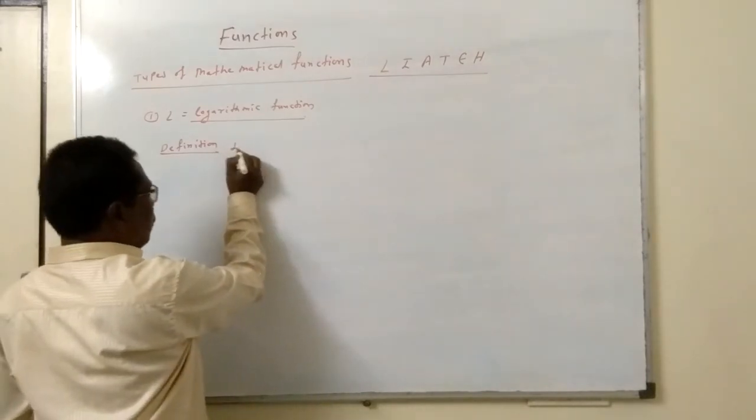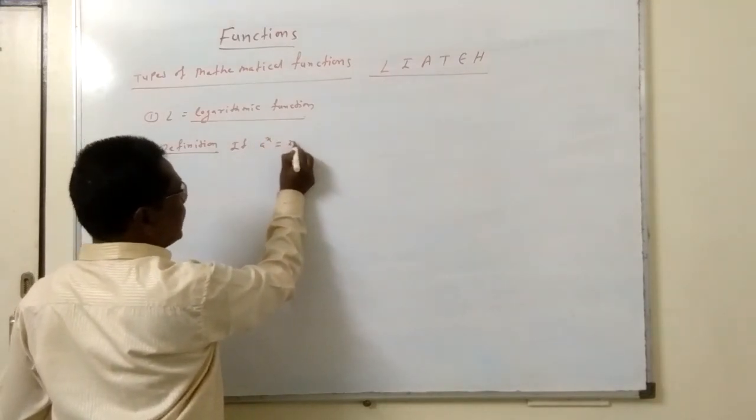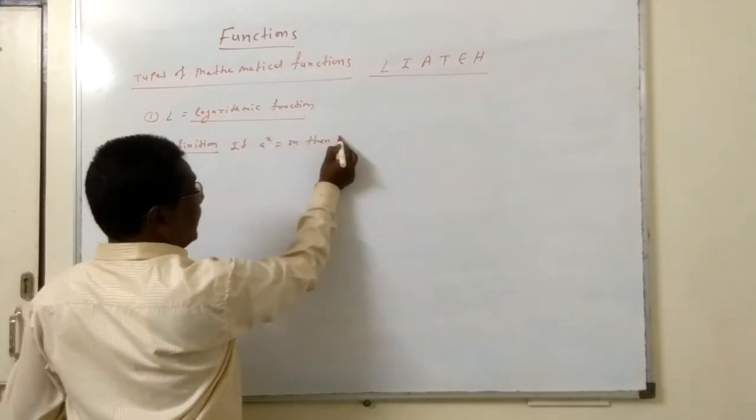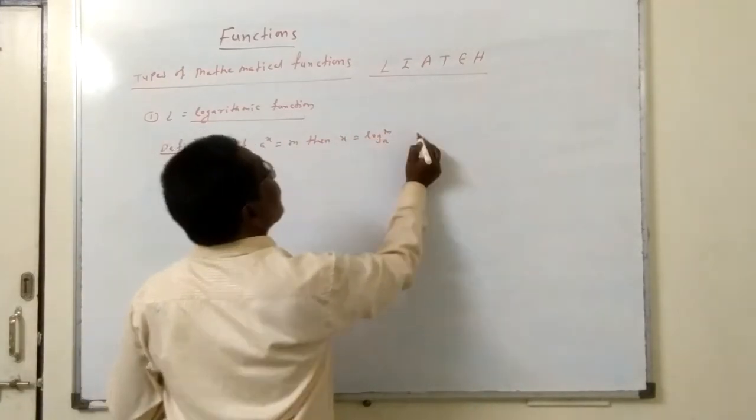The definition of log is: if a raised to x, where a raised to x is the exponential function, is m, then x is equal to log m base a.